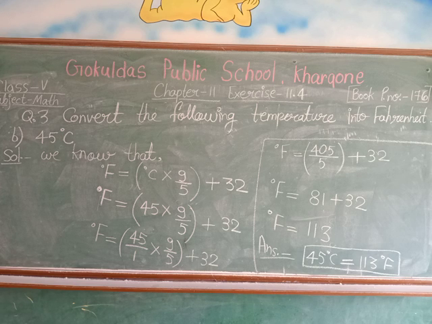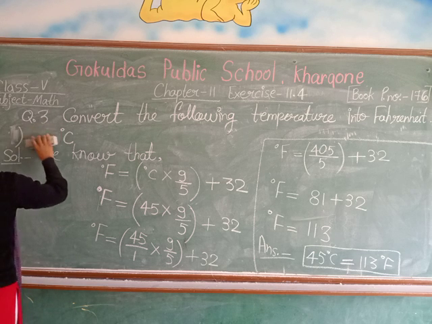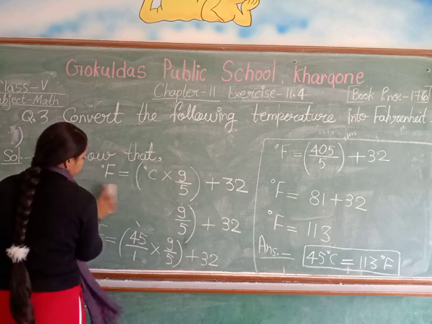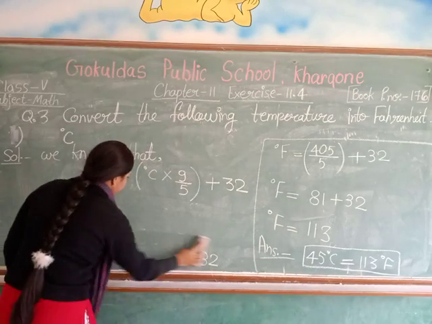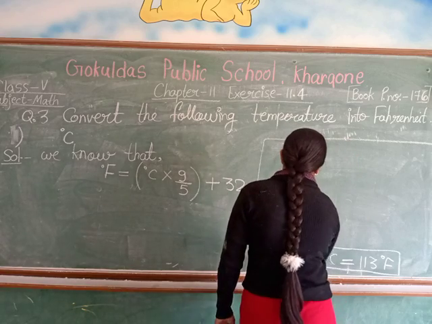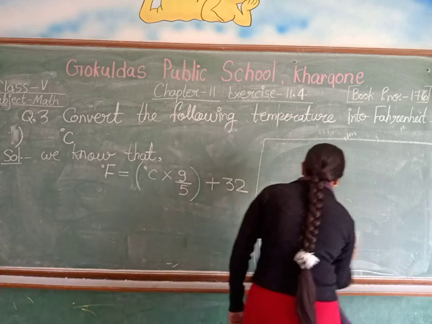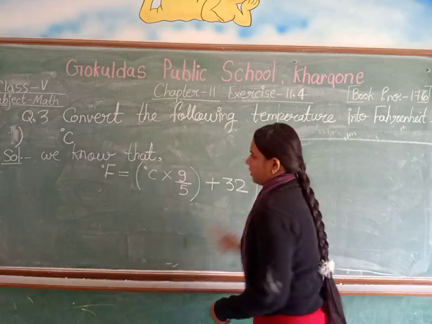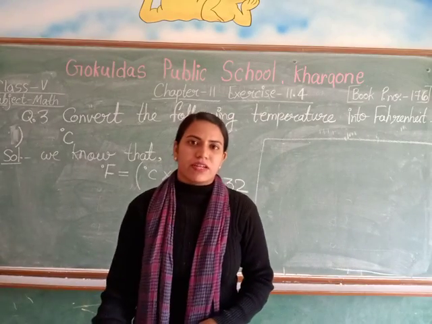Okay, now we will solve the next, that is part C. I hope you have completed this. Now we will solve part C. What is the value given in part C?